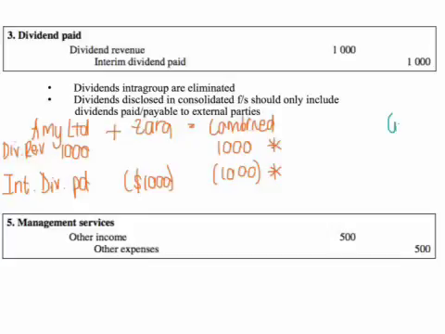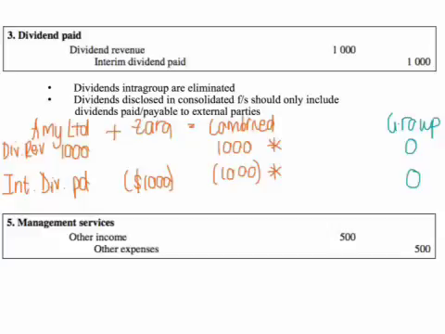So from a group perspective, our dividend revenue should be zero, because this is a wholly owned subsidiary, so no dividends are payable or paid to external companies, and therefore our dividend paid should also be zero.